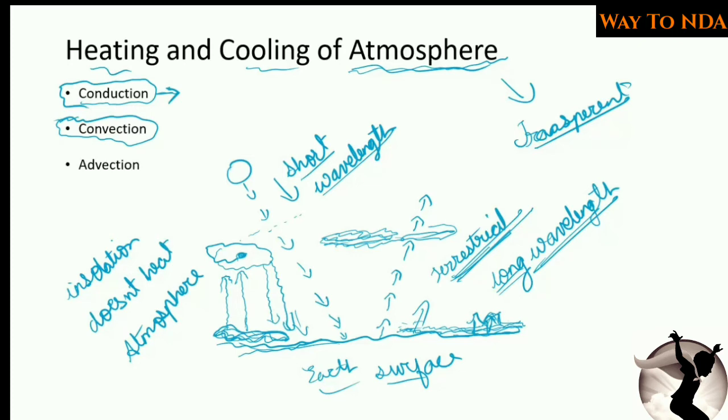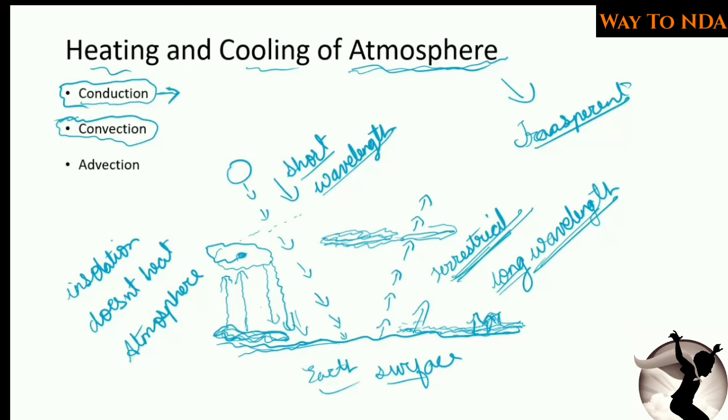These are the two important things you should remember, okay, because in further lessons when we study about the atmosphere or the weather system, that time this is going to help us. Remember, the hot air expands and it is lighter in weight, and cold air is heavier in weight.